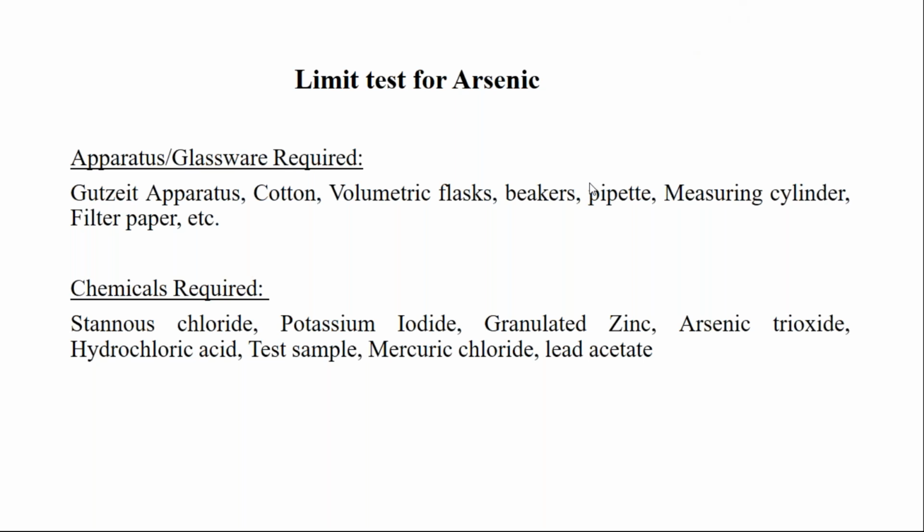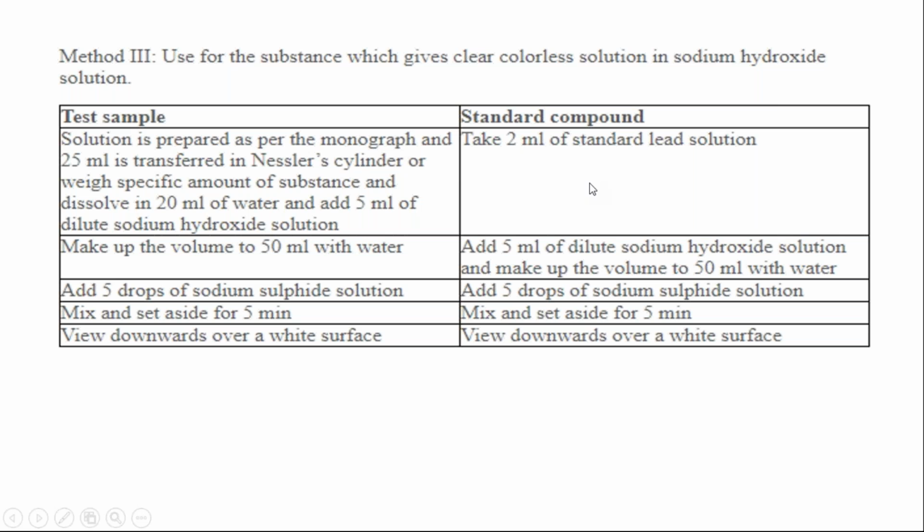Wait, let me go back. You are not using it here because you are already taking an alkaline solution. If you see, the solution is prepared as per the monograph, and what is method 3 you're going to follow? Using a sodium hydroxide solution. So this is the reason you are not going to use it here. Okay, any other doubts?